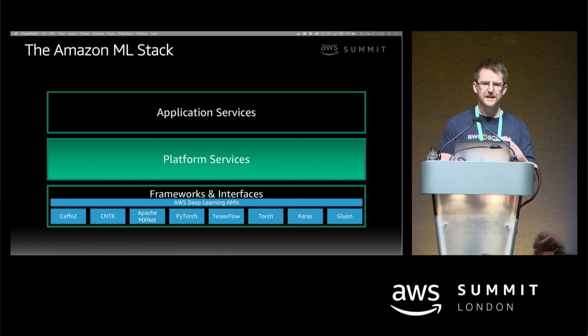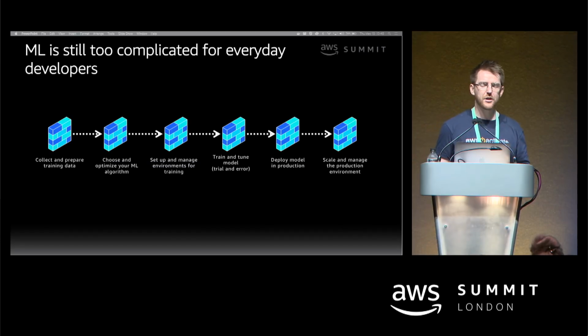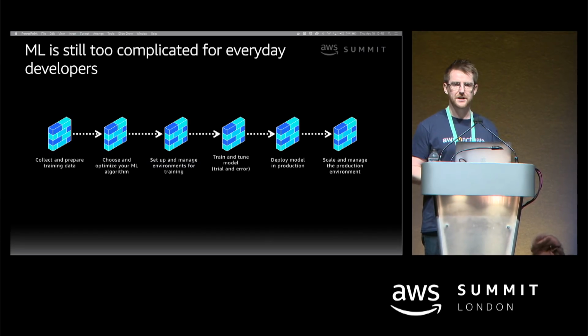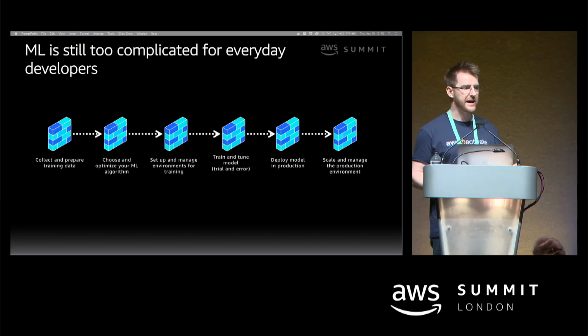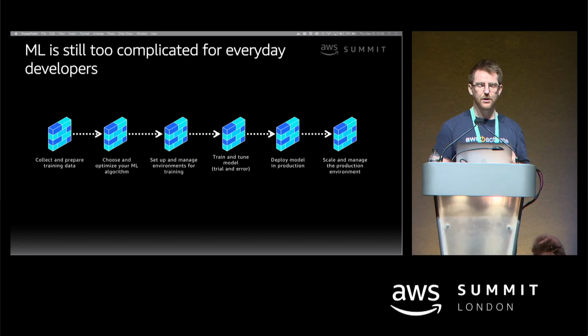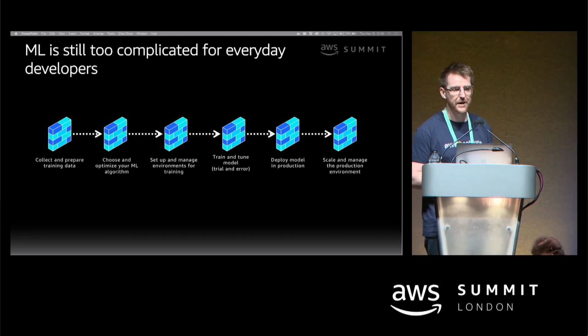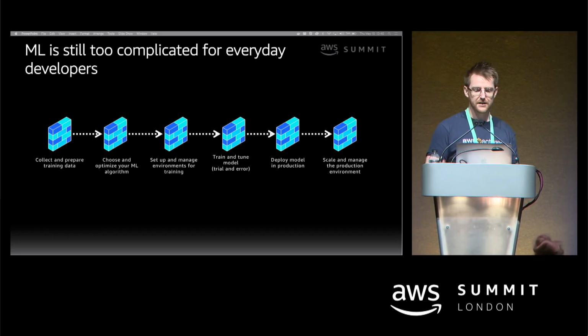And so that brings me to the platform services part, and this is really where the focus of my talk is today. So we often see that machine learning is still considered a little bit too complicated for everyday developers. And you've got to go through quite a wide number of different processes. So you've got to do things like collect and prepare your training data. And then you've got to choose the kind of algorithm you're going to use to actually start running your training jobs.